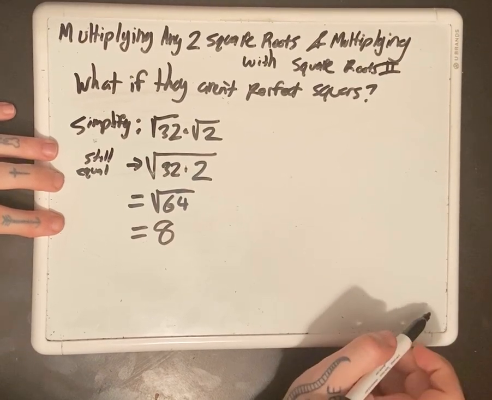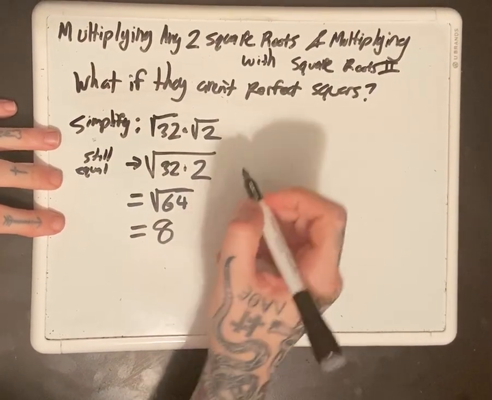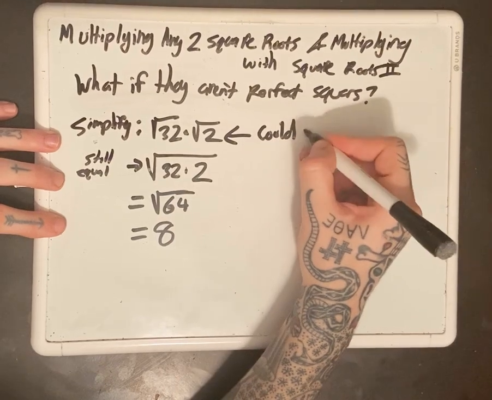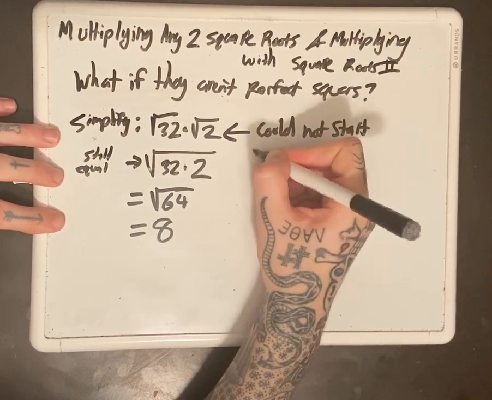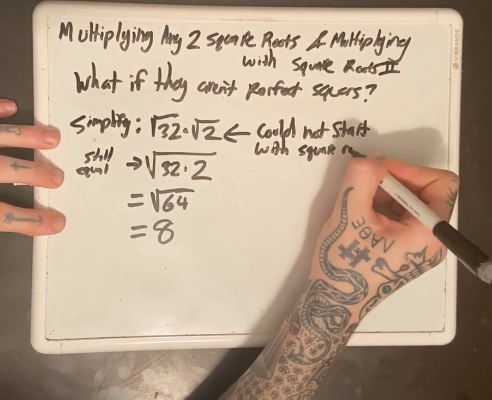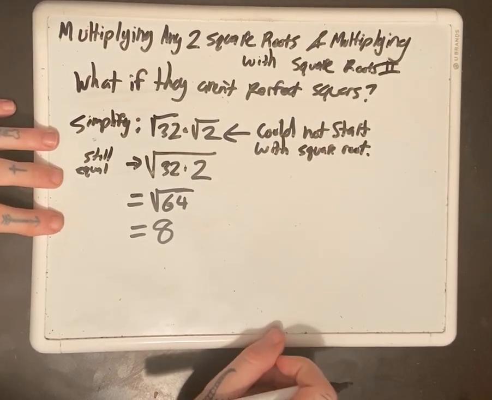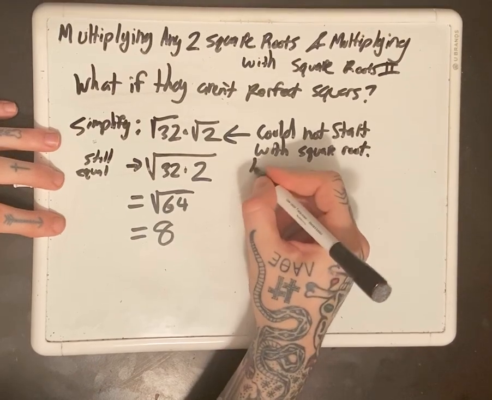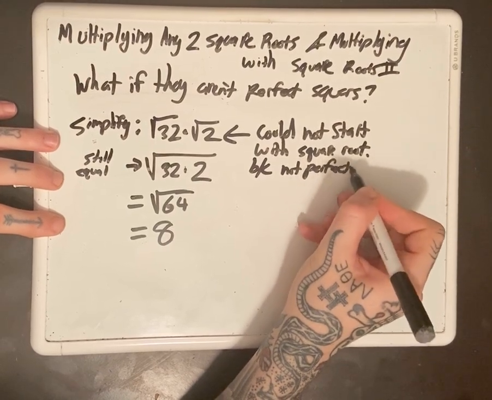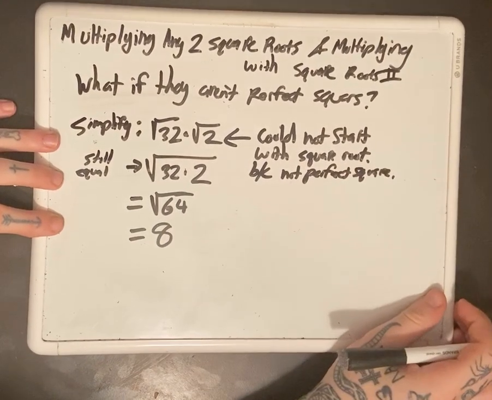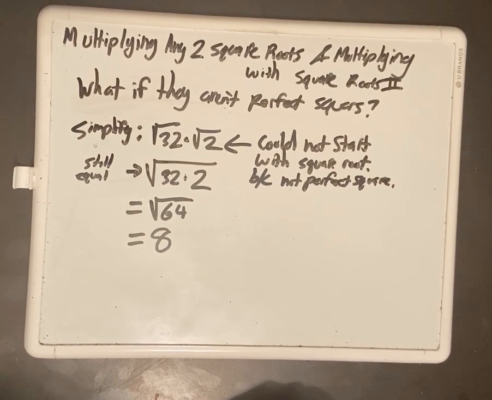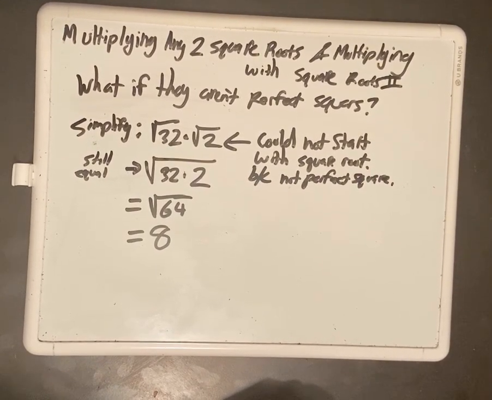All right, so we could not start with the square root because they are not perfect squares. Okay? So it becomes a tool for us.